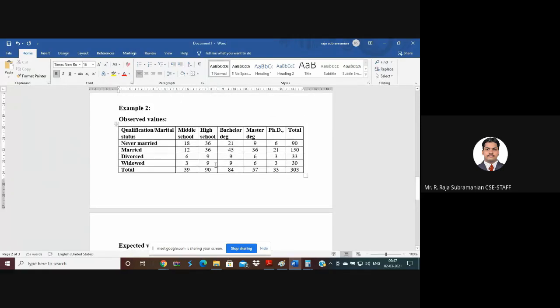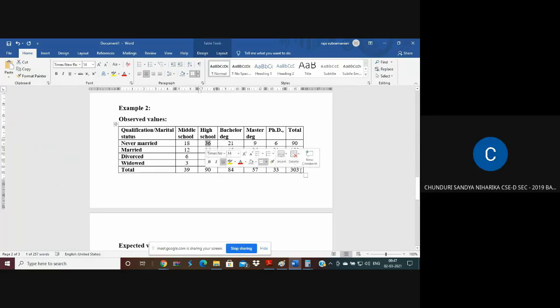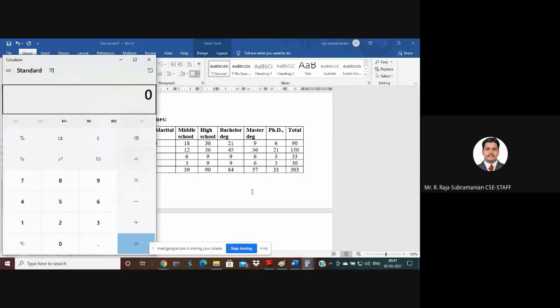Can anyone say how to calculate this? 90 into 90 by 303. Great, great. 90 into 90 divided by 303. If I calculate this, 90 into 90 divided by 303, I get 26.73.